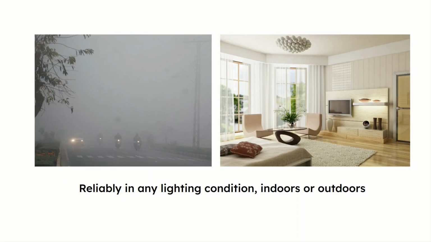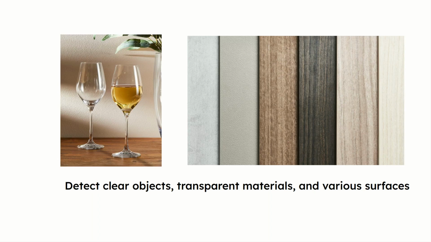So why would you want to use an ultrasonic sensor? Well, these sensors have several advantages. They work reliably in any lighting conditions, indoors or outdoors. Unlike optical technologies, they can detect clear objects, transparent materials, and various surfaces.